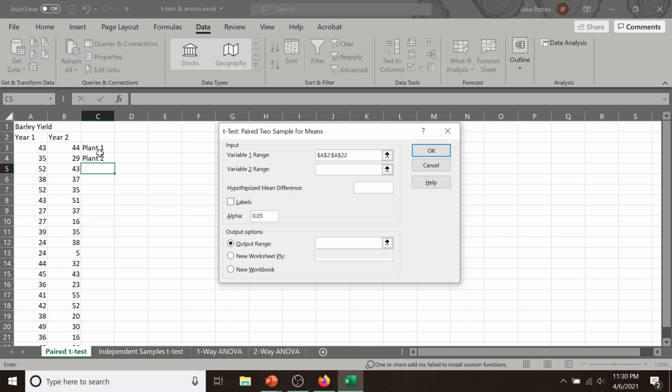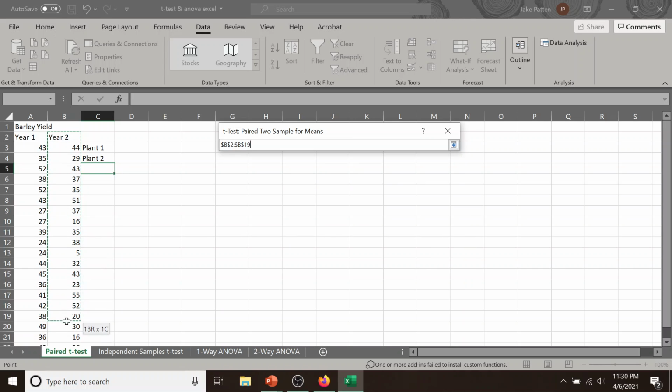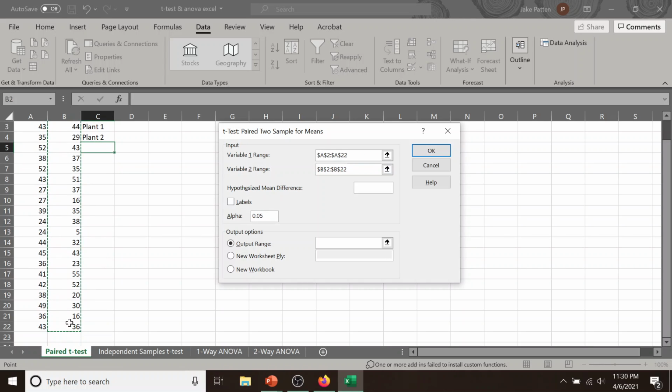For variable 2, you're going to grab the label for Year 2 and drag it all the way down. Then you need to tell Excel that you have labels. It's very important. If you don't, it's going to think that one of your numbers is "Year 1," which of course isn't a number, and it's going to have a fit, and all sorts of terrible stuff happens after that.